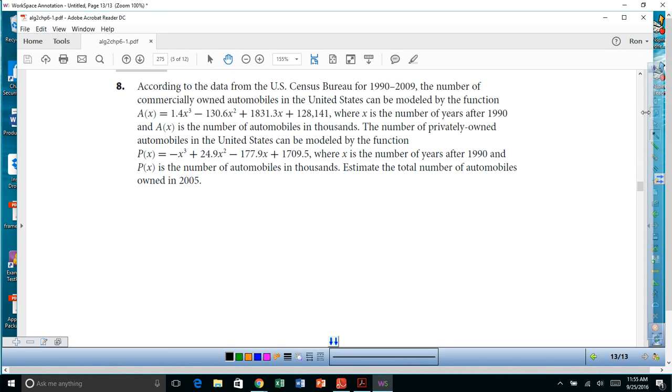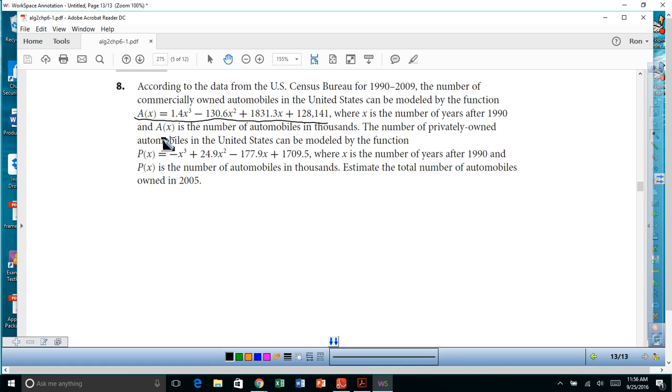Glad you're back. According to the data from the U.S. Census Bureau from 1990 to 2009, the number of commercially owned automobiles in the United States can be modeled by the function a of x equals 1.4x cubed minus 130.6x squared plus 1,831.3x plus 128,141, where x is the number of years after 1990, and a of x is the number of automobiles in thousands.